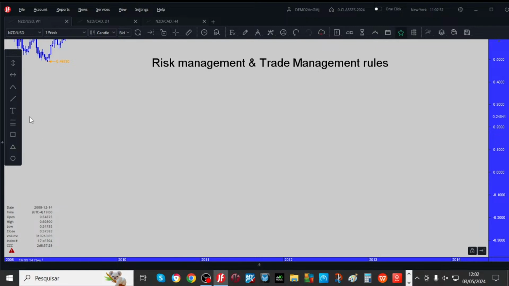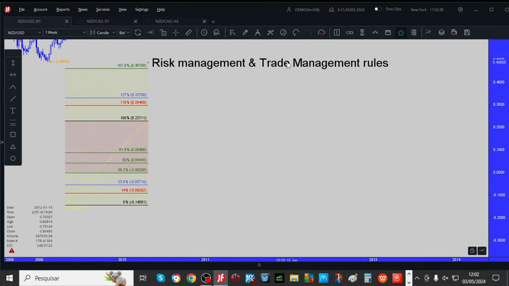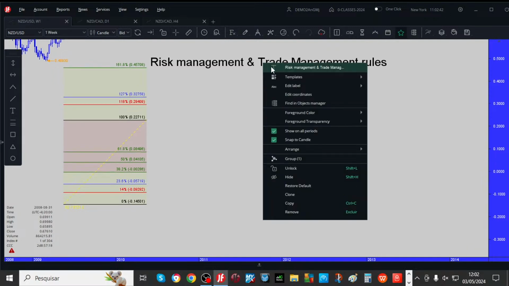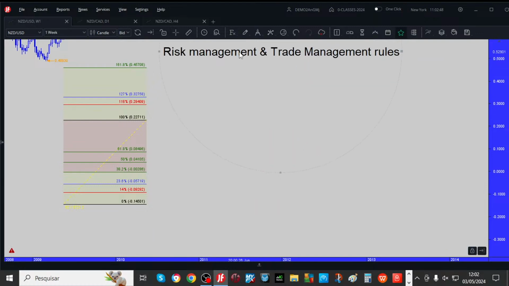So risk management rules, everybody, what does this mean? This means that if this is the Fibonacci, and where is lock, unlock? Can I move it? There you go.